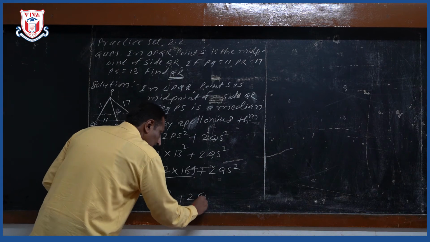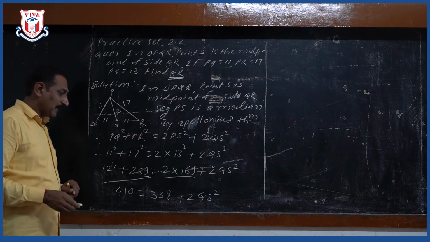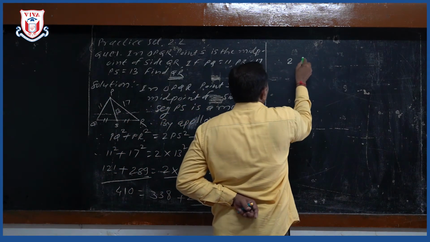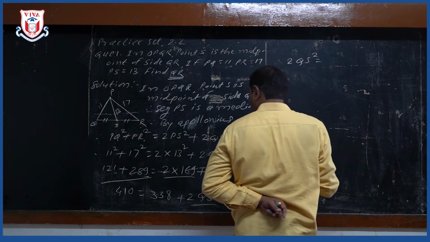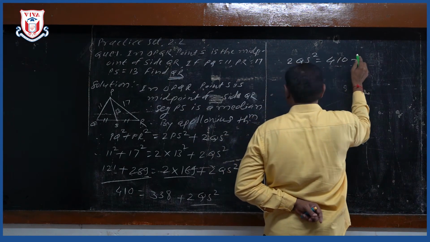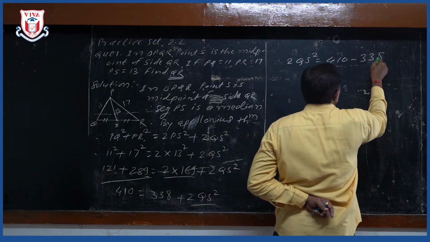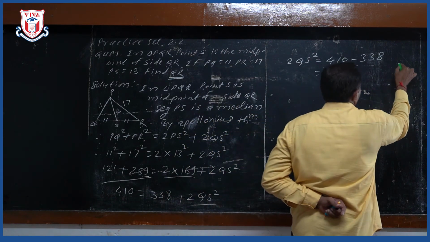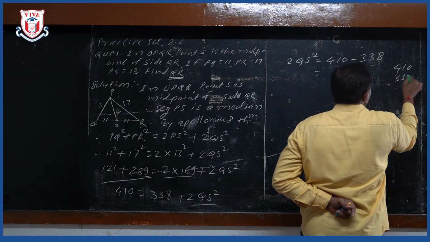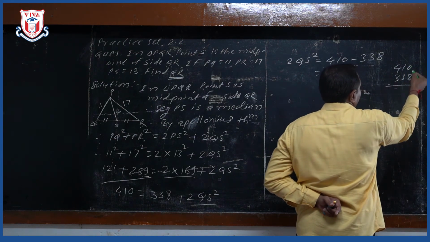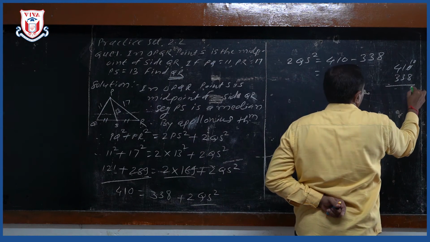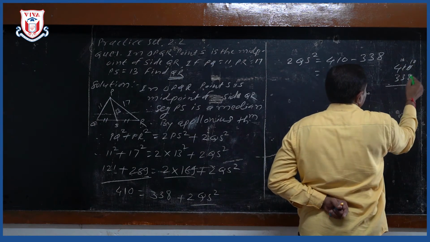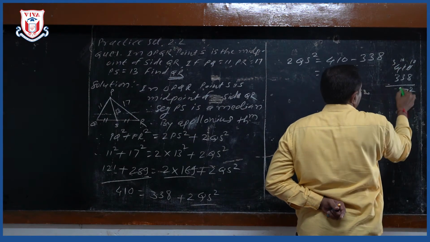Plus 2 QS square. Now I find the value of 2 QS square here. 2 QS square is equal to 410 minus 338. The subtraction of 410 minus 338: 0 minus 8 means 10 minus 8 is 2, here 1 0 means 10 minus 3 is 7, 3 minus 3 is 0.